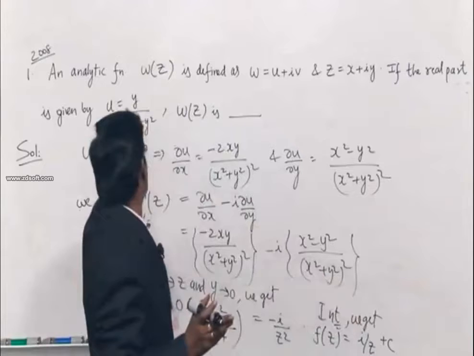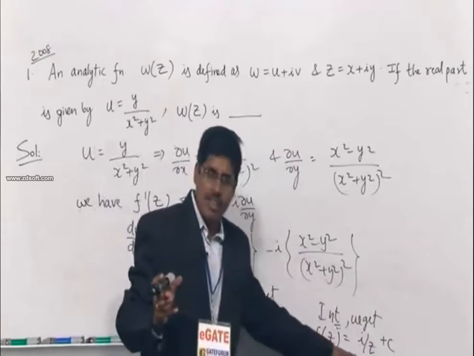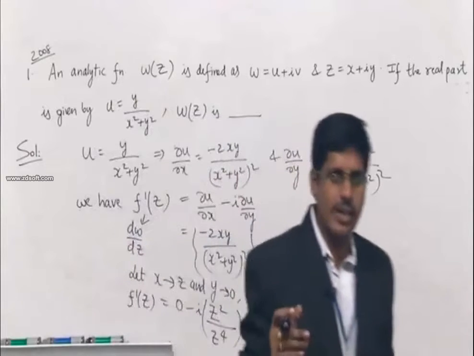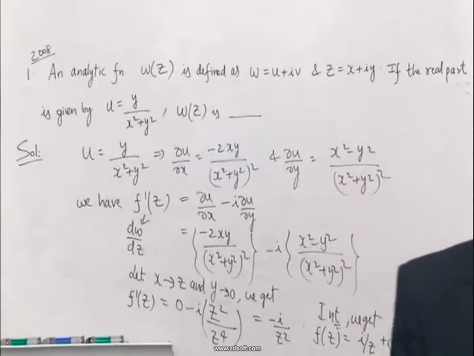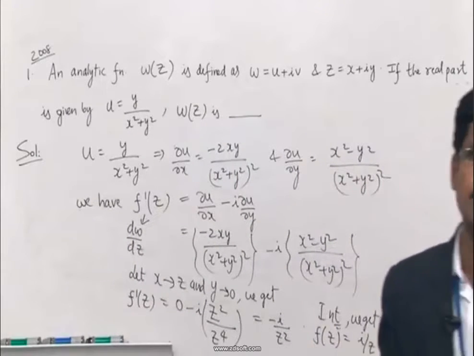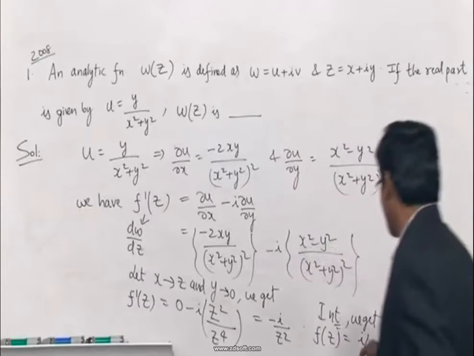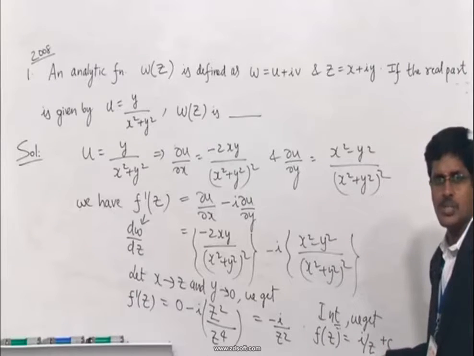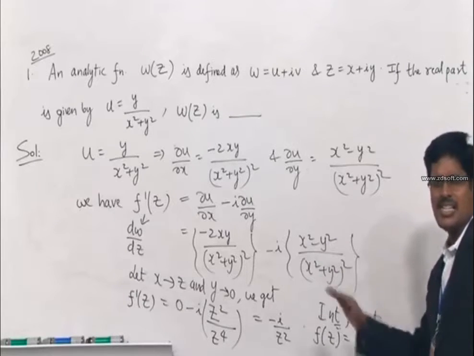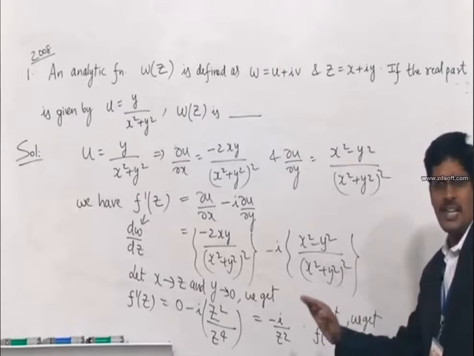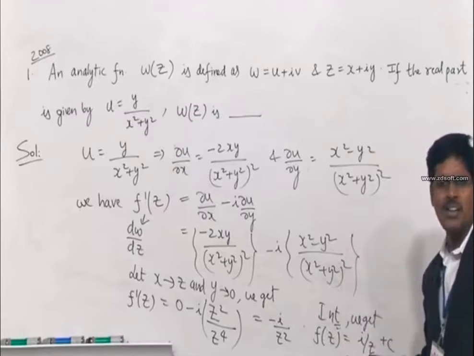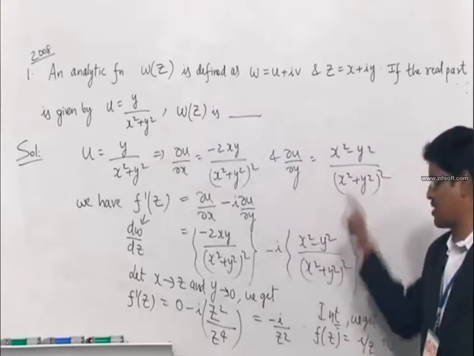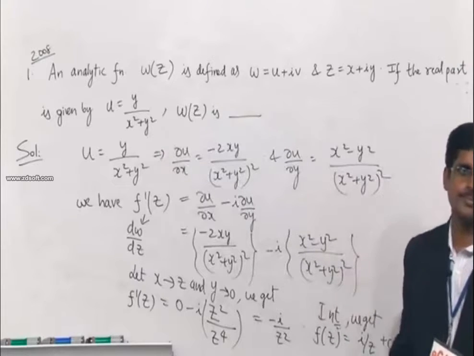Check whether the real part obtained is equal to the given real part, otherwise the f of z value we calculated is wrong. If the obtained real part coincides with the given real part, then all the steps are correct, otherwise we have made some mistake.